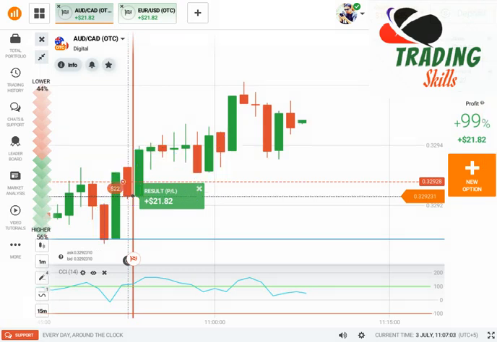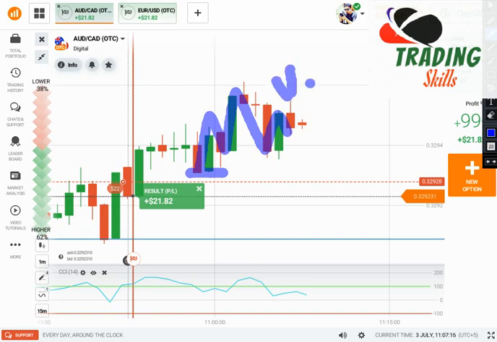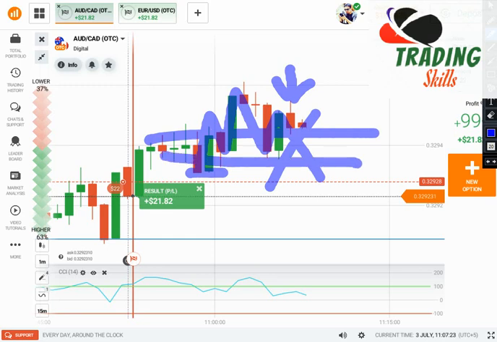But now again after this level, up movement, up movement, again up movement, but now there is a bearish candle. So what you need to do, avoid taking your trade here, no need.